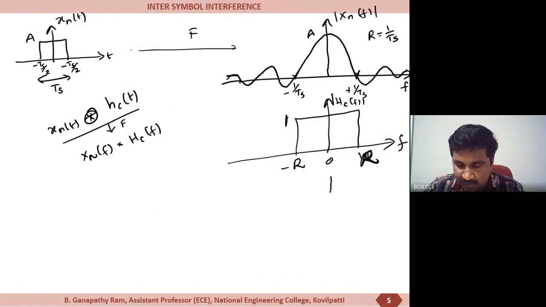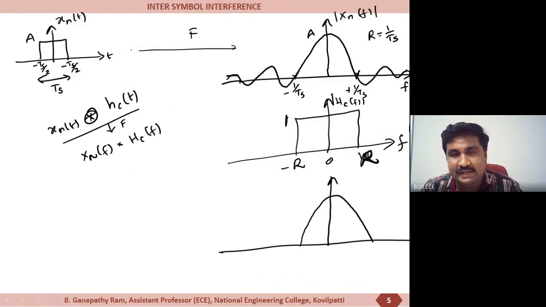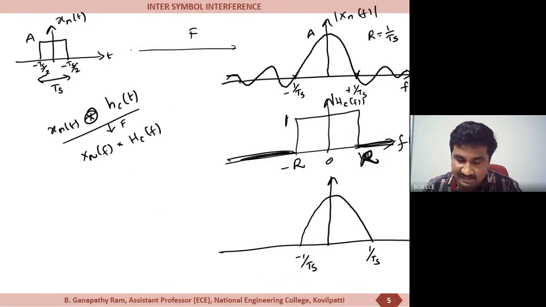While multiplying this, what you will get at the input of the receiver, irrespective of the additive white Gaussian noise, because here we can assume an environment where n of t is 0, is that the main lobe will come here and all the side lobes will get replaced by 0, because the channel has 0 frequency response on both ends, greater than the data rate of the system.